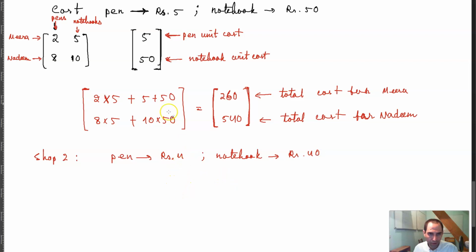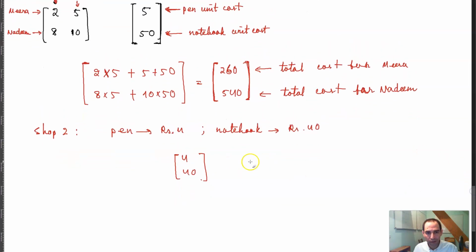Right? So that means that instead of this matrix, I can simply write 4 and 40. And then I can do the same thing that I did over here. I can still use the same matrix because the requirements have not changed, but the price has changed, right?